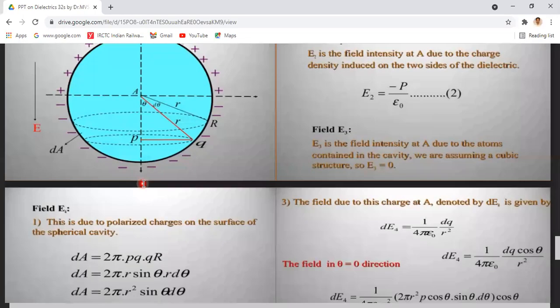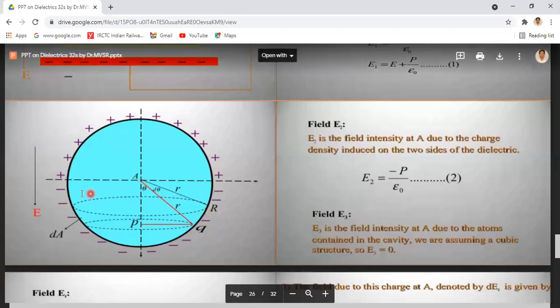For this, consider a small area. Of course, you have to calculate the total intensity of electric field due to the entire spherical cavity. So on the spherical cavity, consider a small strip with the area dA. dA is a small surface area.